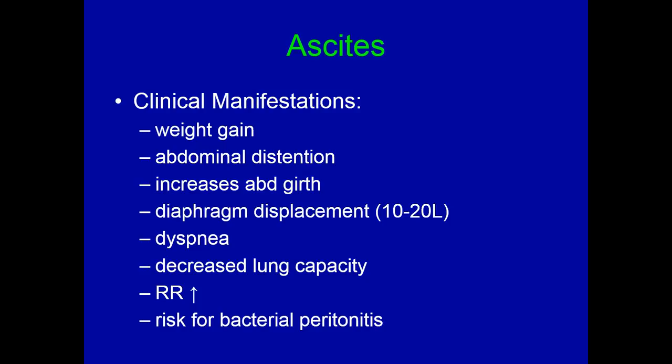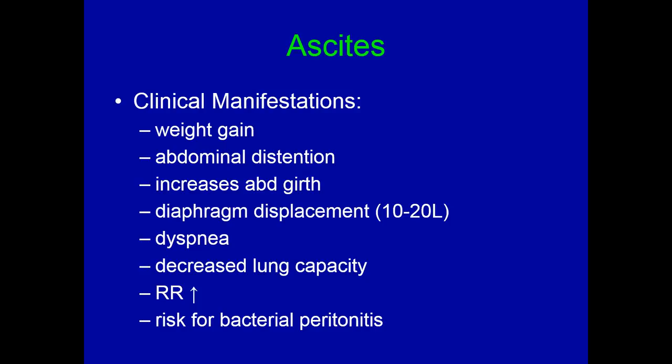And then there's about 10% of people will have something called bacterial peritonitis, which we talked about last time. And we talked about it in relation to intestinal obstruction. But in this case, a similar process.